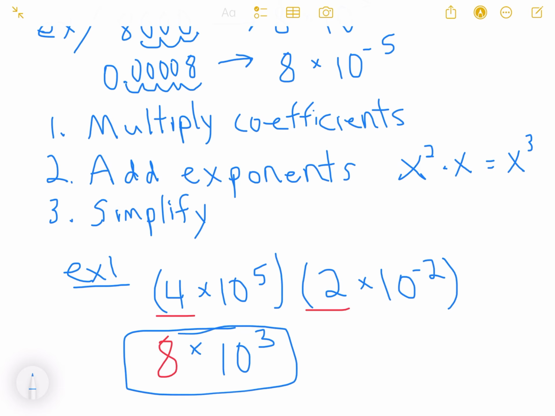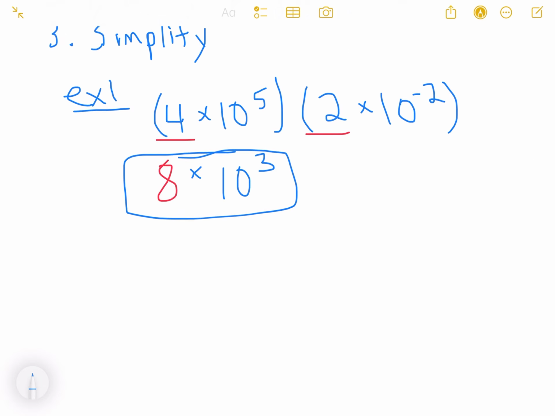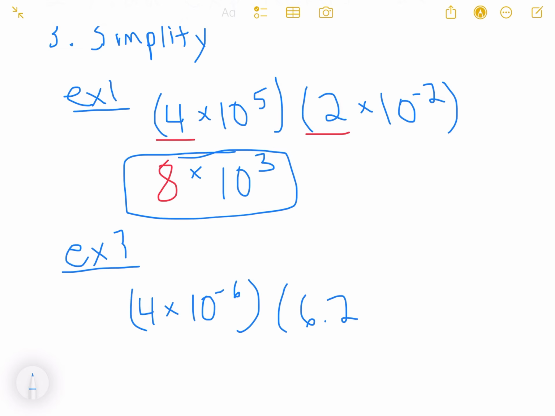Okay, and it doesn't get too much crazier. I could do example 3. If you have the book, you'll see it there, but this one just says that instead of all whole numbers, I have 4 times 10 to the power of minus 6, and I have 6.2 times 10 to the 4 in my second parentheses.